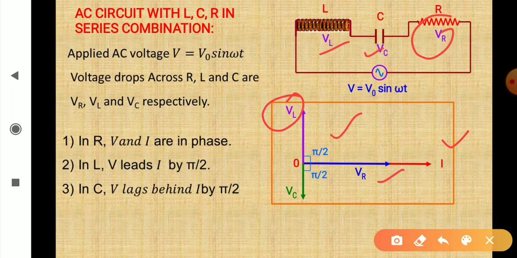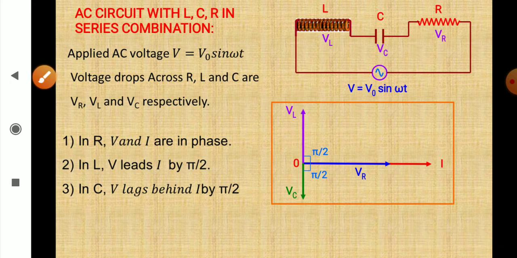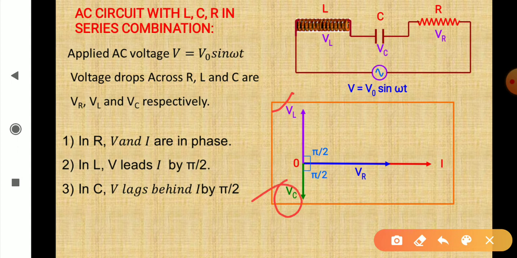The voltage across capacitor is behind it by pi by 2. And now you can see that VL and VC are in opposite directions. And if VL is greater than VC, then we will get VL minus VC along this direction. And then we can take resultant of this VL minus VC and VR.